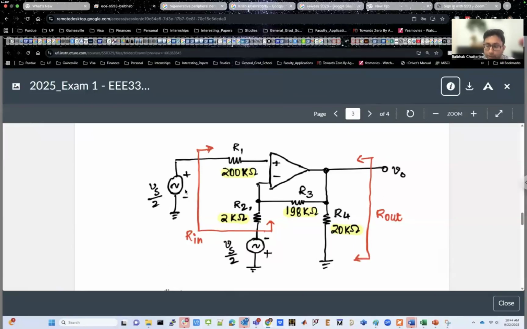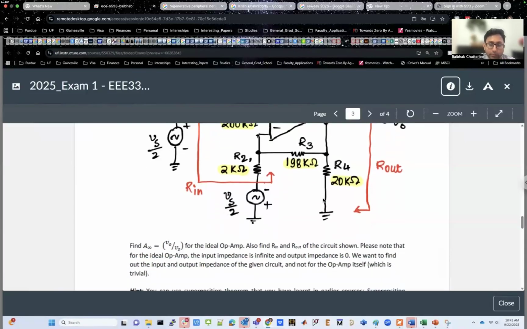If you have a linear circuit and you can apply the theory of superposition to it, you can consider each of these voltage sources at a time. So you just consider the first voltage source, find out what the output is going to be, then consider the second voltage source, find out what the output is going to be, then have both of the voltage sources at the input at the same time and find out the output voltage in that case, which is just going to be a combination of the output voltages that you had in the first two scenarios. So use your theory of superposition, and that should give you the final answer for question number 3.